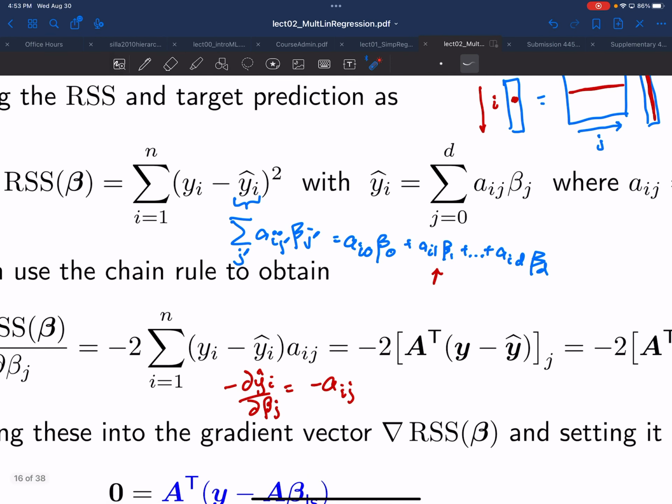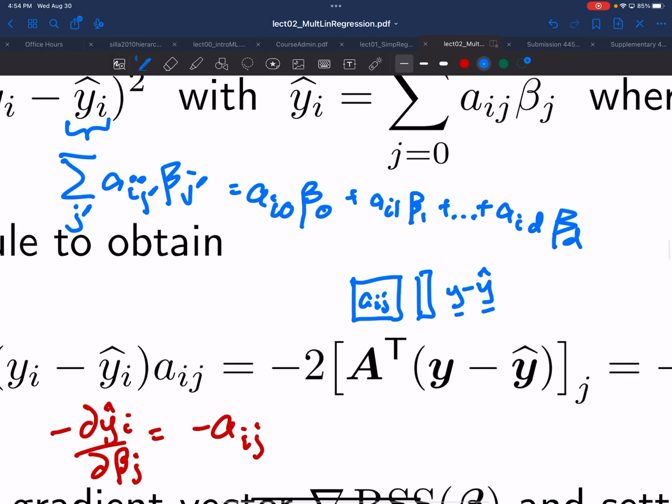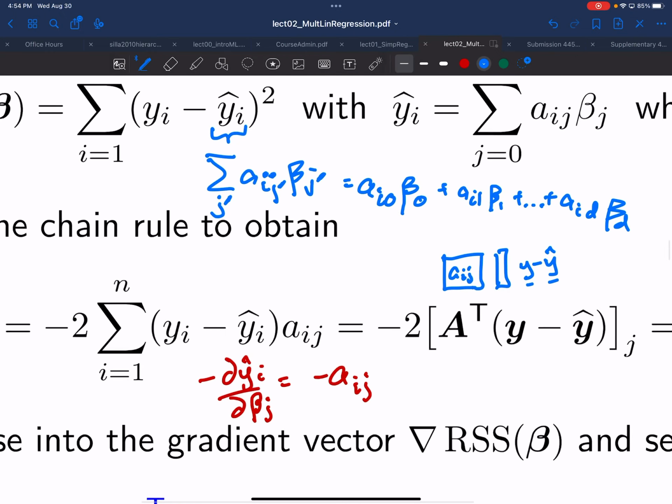So it has this form. Let me draw a little picture again, maybe to make this clear. Imagine that I have this aij matrix, and I have a vector now of y terms. This is like my y minus y hat vector. And I want to do what's written in this sum.